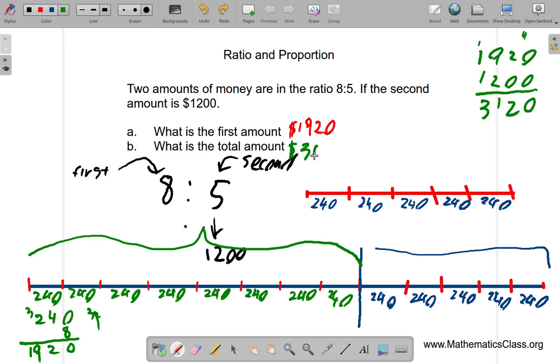So you have $3,120. That's the total amount of money.